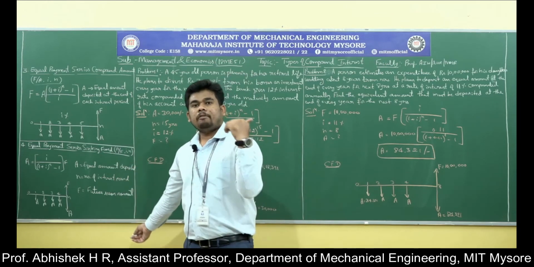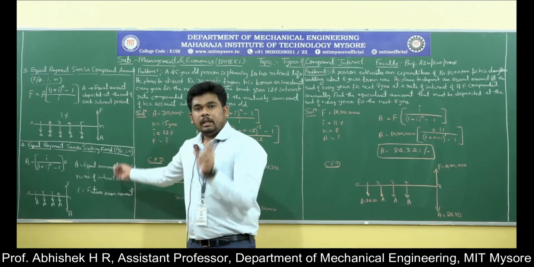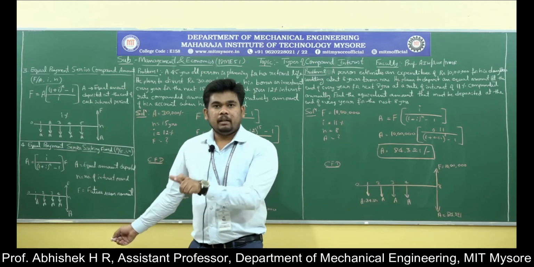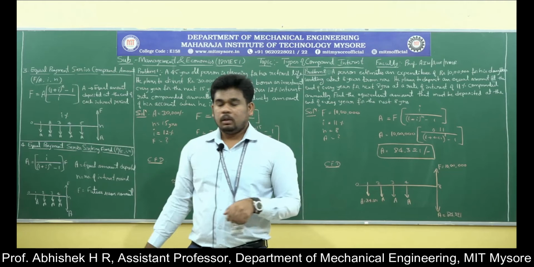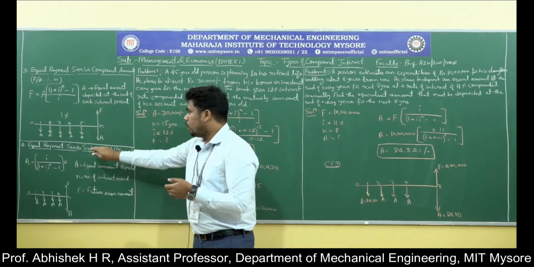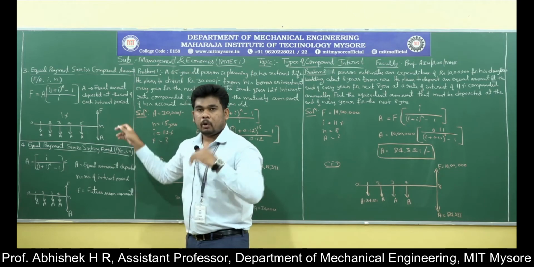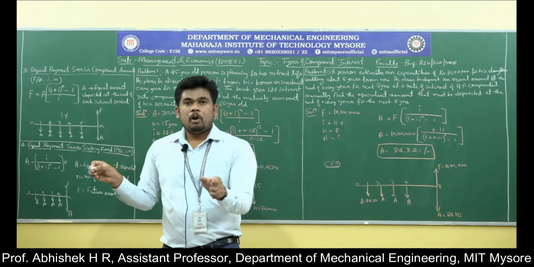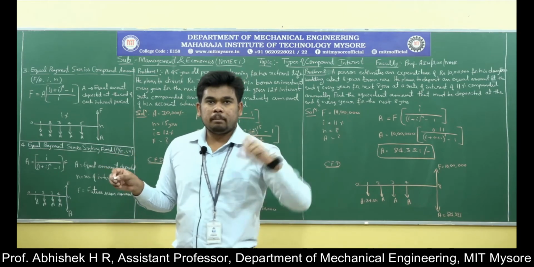For example, after 10 years if I want 5 lakhs, what will be the equal amount or the installment amount that I need to pay every year for 10 years or 5 years or 15 years? So that is the equal payment series sinking fund. In the third type we find the equal installment amount for every interest period to get the future sum of amount.